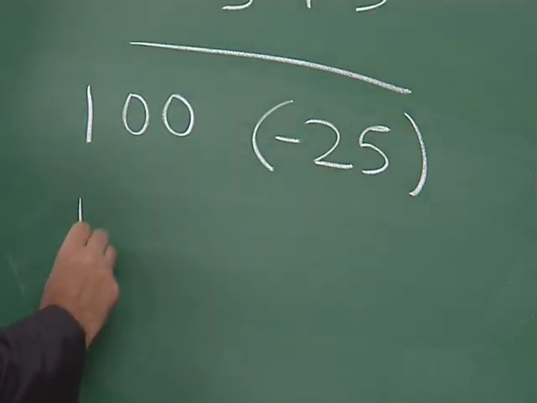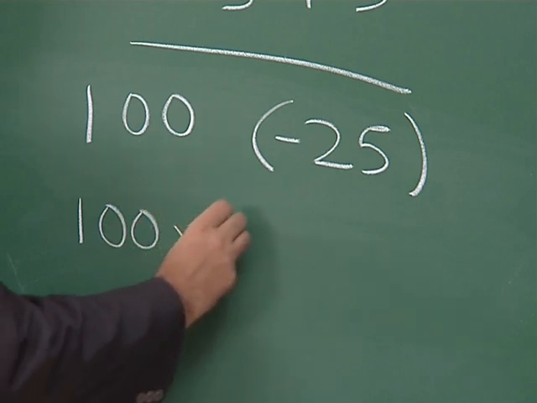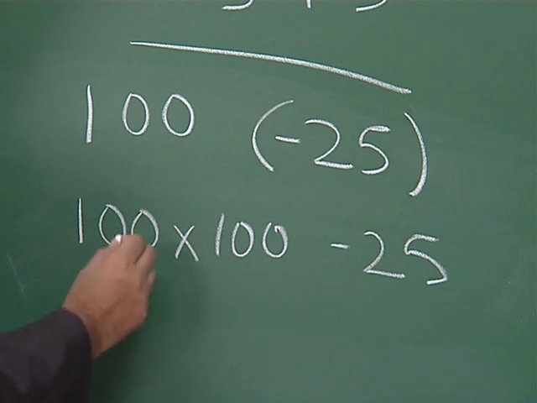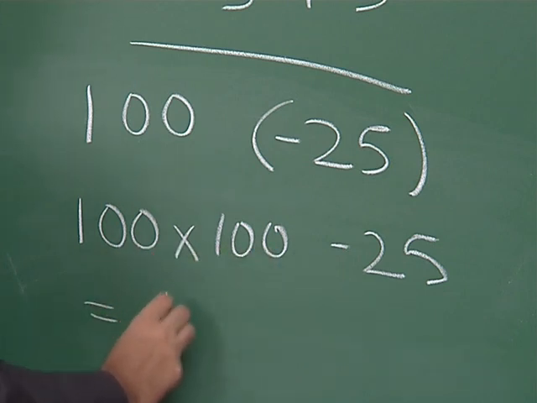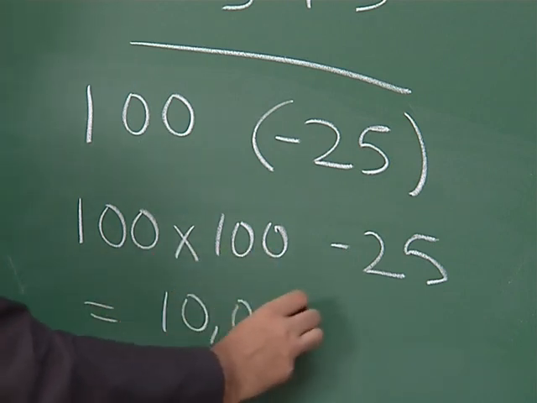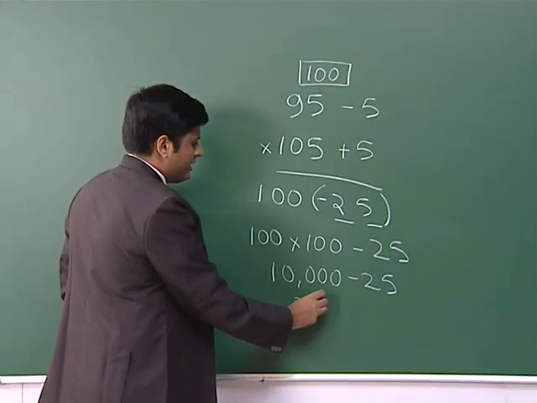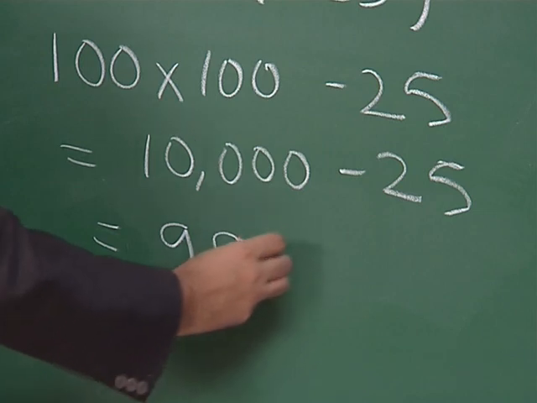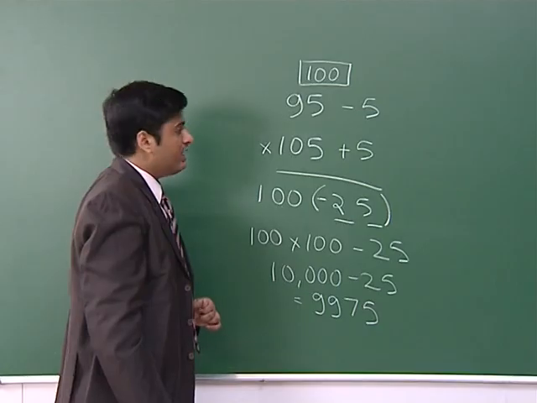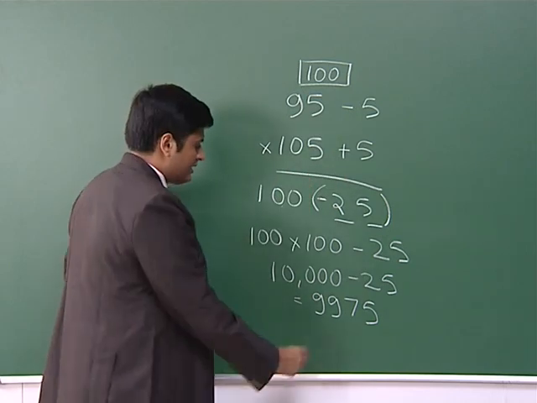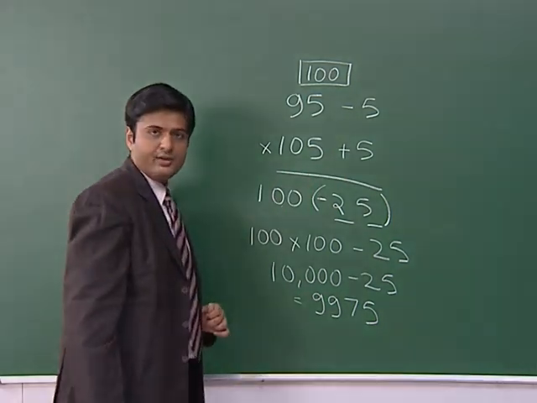So it will be 100 into 100 minus 25. 100 multiplied by 100 will give me 10,000 minus 25. My answer is 9,975. Thus, when you multiply 95 by 105, your answer is 9975.